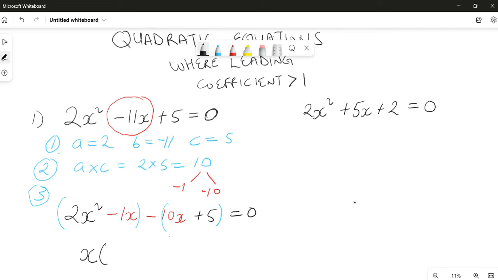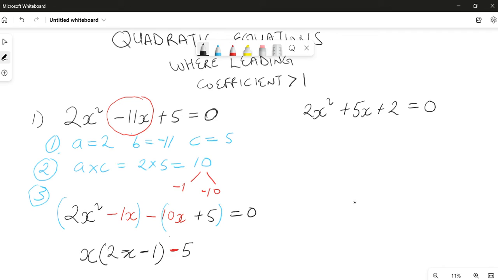So I'm going to say 2x squared divided by x, that is 2x. Negative 1x divided by x, that is negative 1. We have 2x minus 1. Then for the other pair, minus 10x plus 5, our common factor is negative 5, so we put our common factor here.